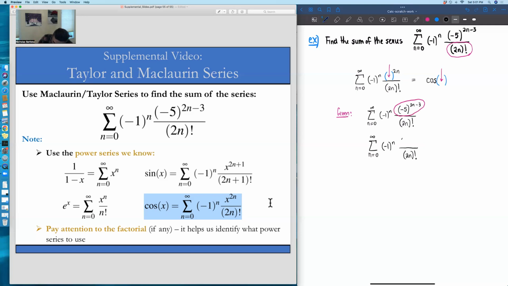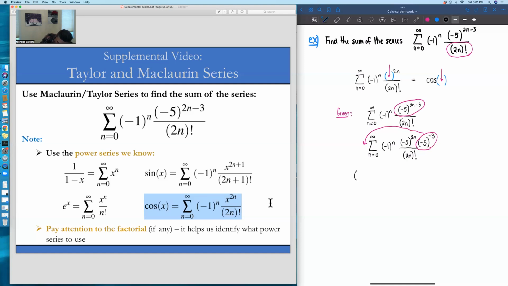We'll have the (-5)^(2n) that we need for cosine, but then we'll also have this additional factor of (-5)^(-3). Now, this last factor has no n's attached to it. That's just some number, and we're able to take that number and put it in front of the series.